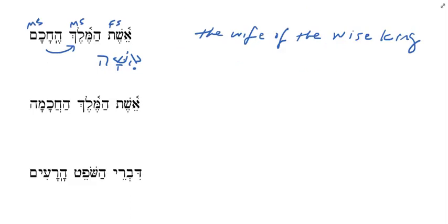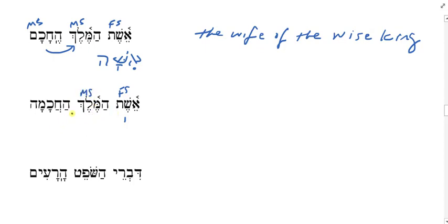Now, just as with this prior one here, we have eshet again. And eshet is the feminine singular construct of isha. So this would be the wife of or the woman of, right? Now, let's just remind ourselves that's feminine singular. And it's thing one. Hamelech, what gender and number is that? It's masculine and singular.